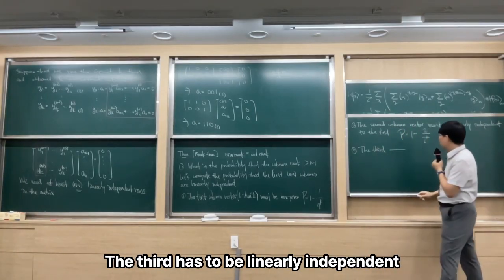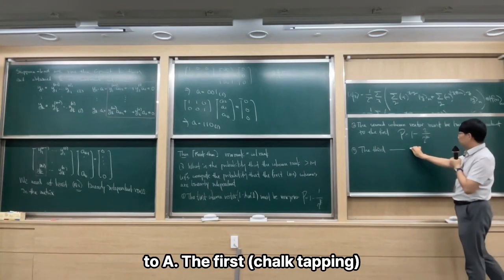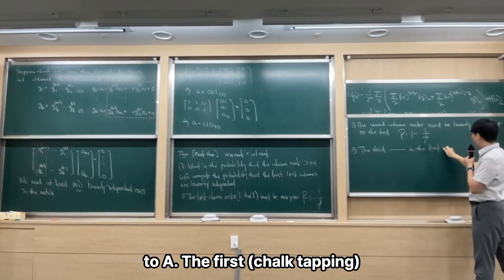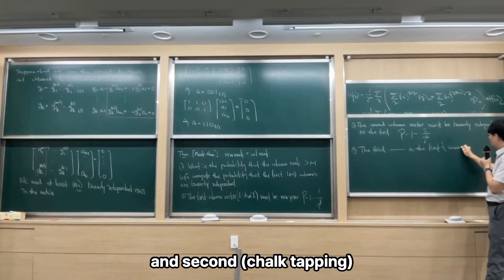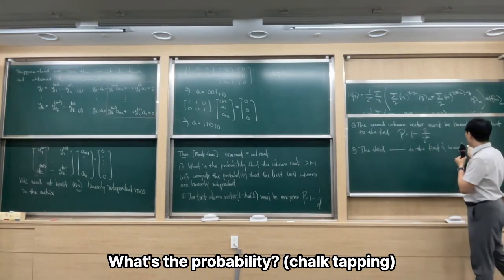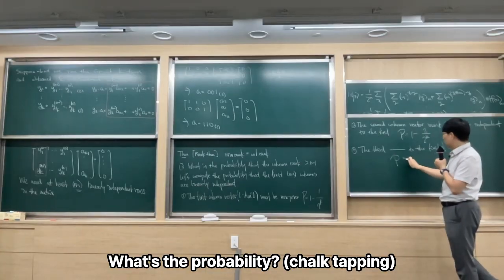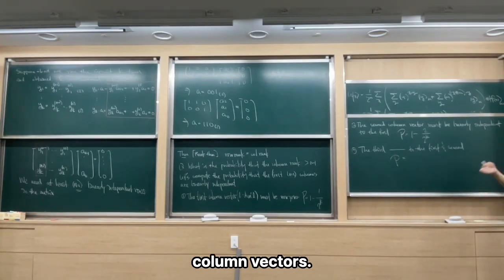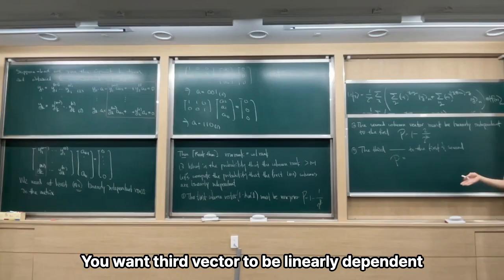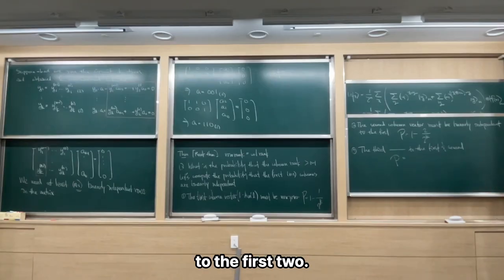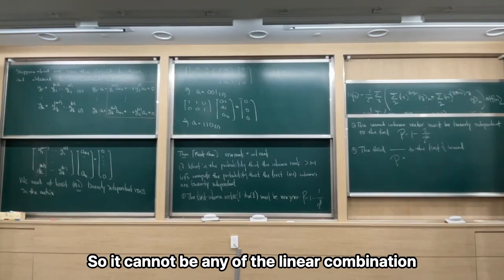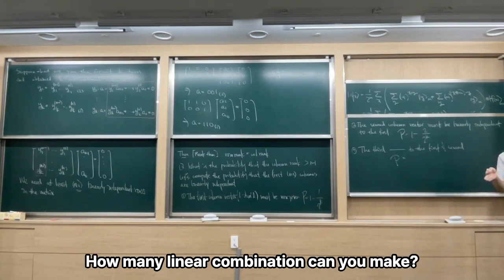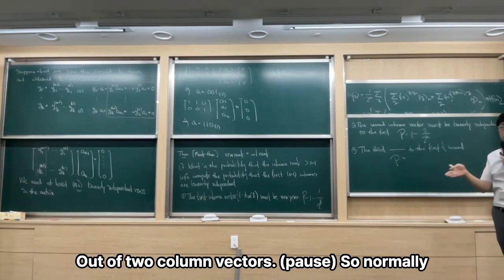The third has to be linearly independent to the first and second. What's the probability? You have two previous column vectors, and you want the third vector to be linearly independent to the first two, so it cannot be any linear combination of the first two, right? How many linear combinations can you make out of two column vectors?